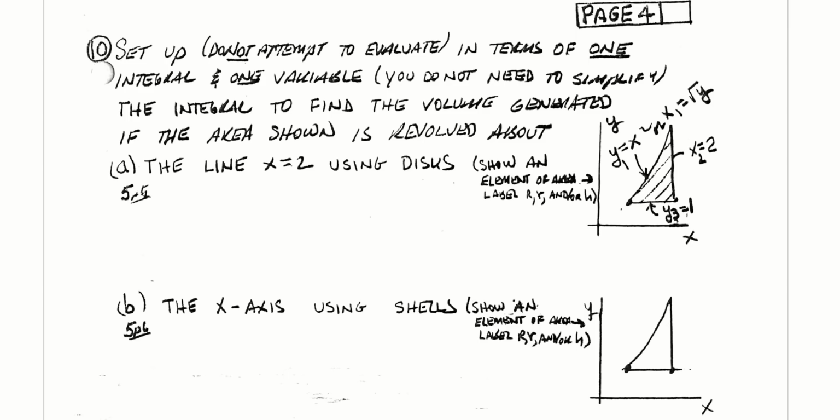All right, so we need to find the volume generated in the area shown if revolved about whatever axis they show. In this case, our line is x equals 2. So for this first case, we'll be revolving about that axis, x equals 2. This is using disk. It told us to use disk, which would make sense. We can use disk because we can have a radius coming out from the axis of rotation, r.